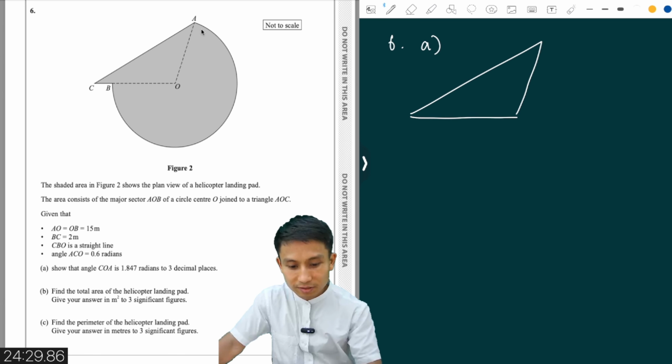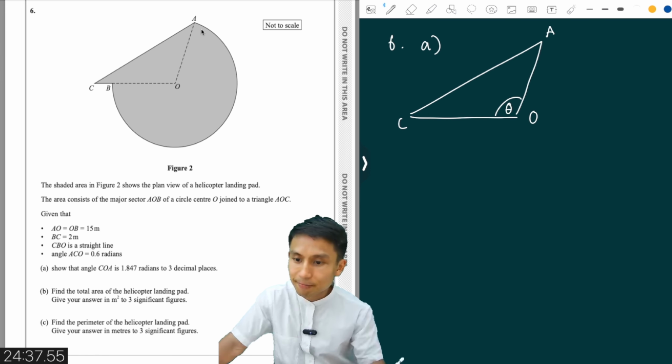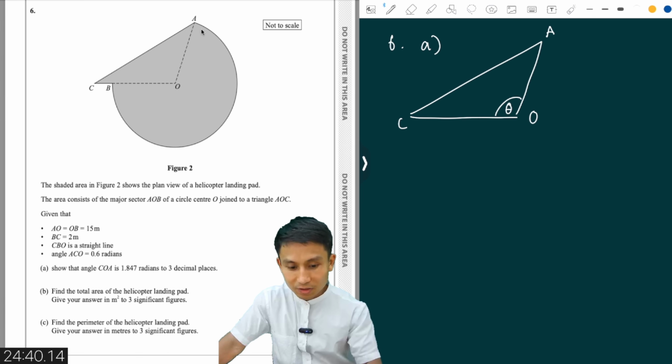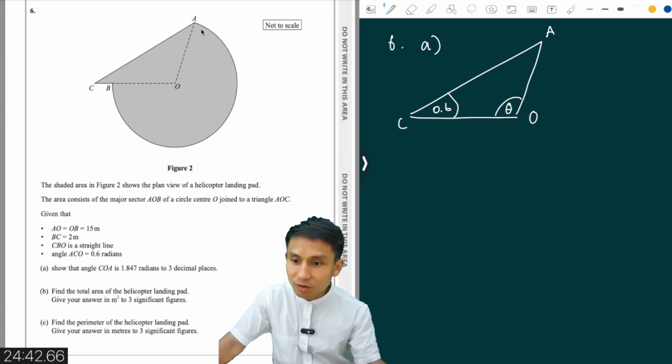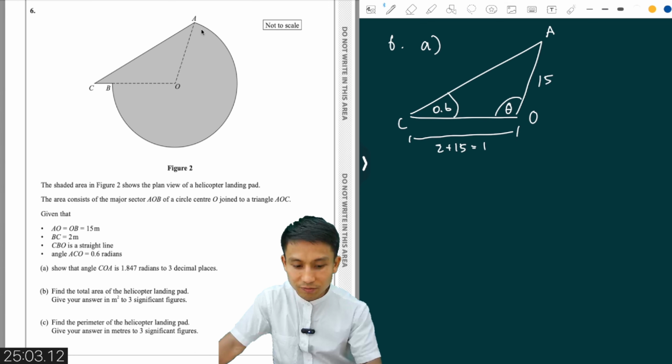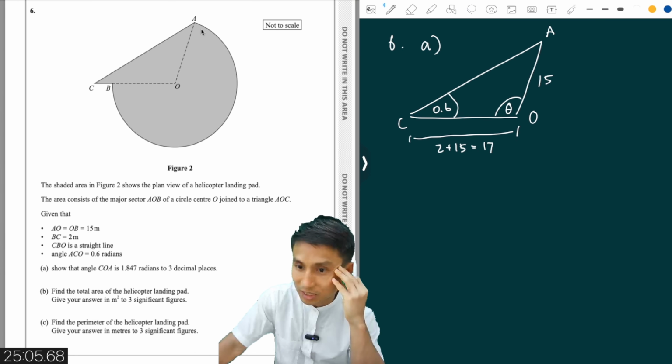Let's do the sine rule. We want this angle COA, this angle theta at the center. We already know that ACO is 0.6, and we also know that AO is 15, which is opposite to 0.6. BC is 2 meters, so this whole thing is 2 plus 15 equals 17, because BC is 2 meters and OB is 15.